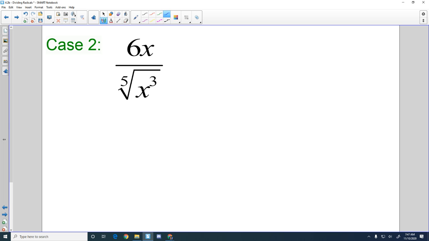So the index of the root is a 5. Currently, I have 3 x's under that root. In order for them to cancel out, how many more x's do we need in the bottom?